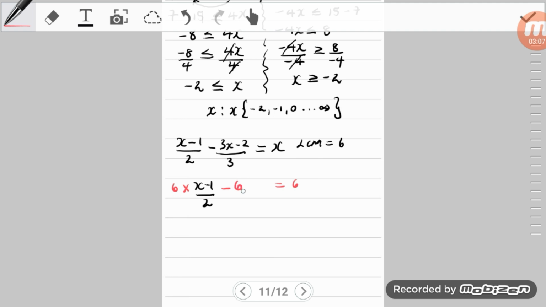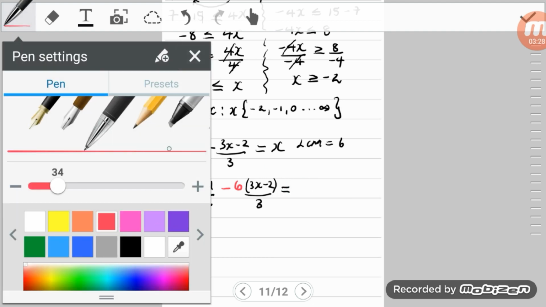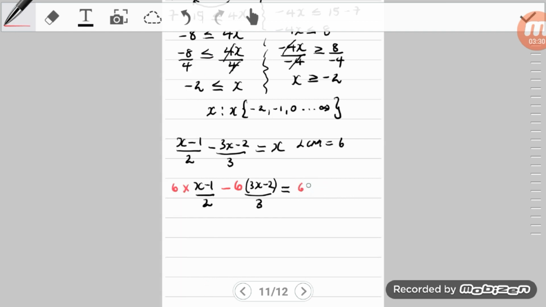And I'm going to be using the 6 to multiply the 3x minus 2 over 3. And then once again, I'm going to be using the 6 to multiply the x.